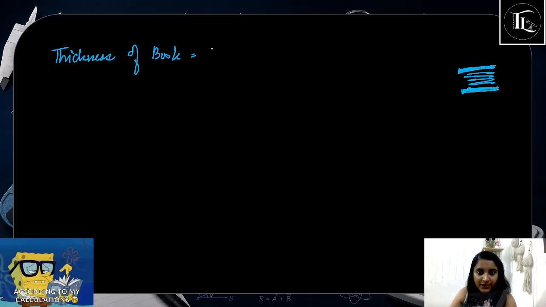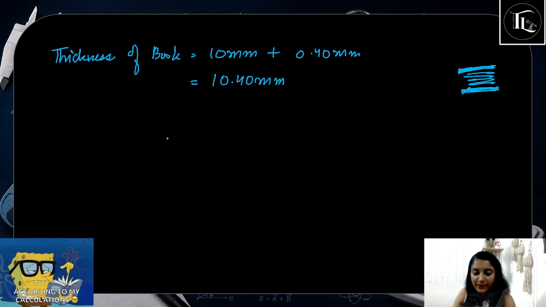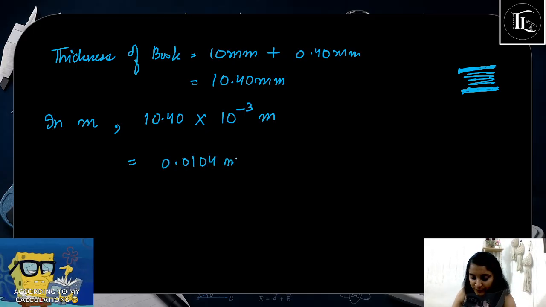The pages are 10 millimeters thick, and the cover is 0.40 millimeters thick. So when we add, it is 10.40 millimeters thick. And in meters, it would be 10.40 into 10 raised to power minus 3 meters, that means 0.0104 meter.